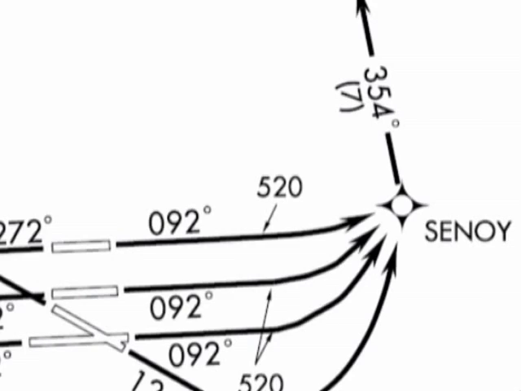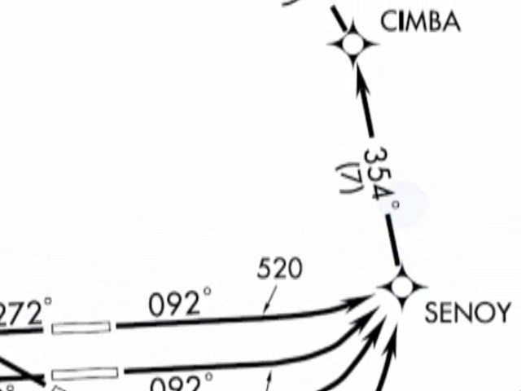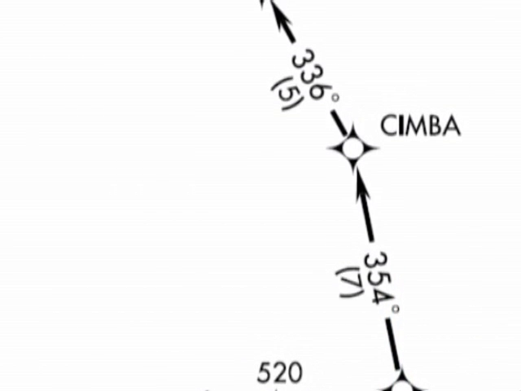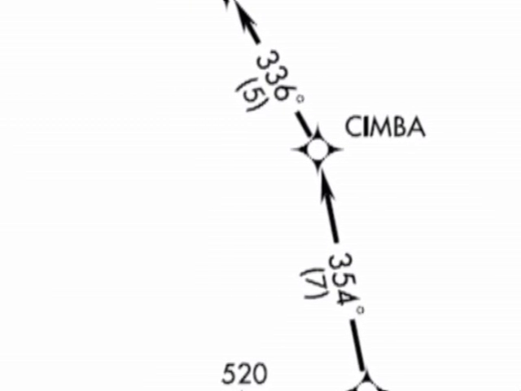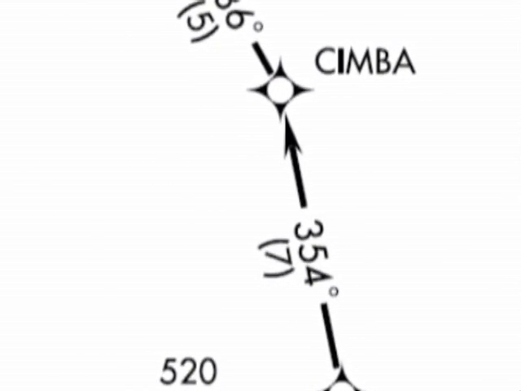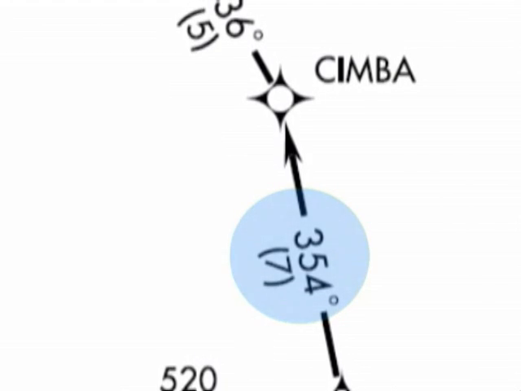As you can see, there are many waypoints on the chart, and they all follow the same pictorial description. We have Sonoy and fly direct to Simba. I know this because the arrows on the chart clearly indicate the logical flow of the chart. Our next waypoint on the list is 7 nautical miles away and a heading of 354 degrees.